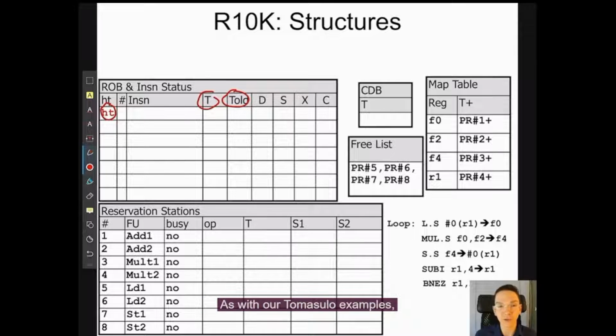As with our Tomasulo examples, the reservation stations are specialized to a particular functional unit: an adder, a multiply, and load store reservation stations. The units are not shown, nor is the load store queue. There's also a branch reservation station not shown.